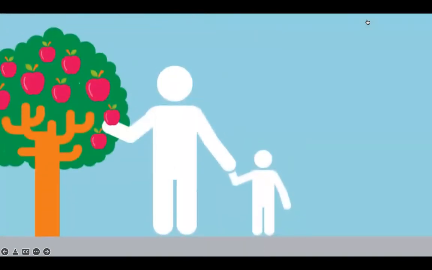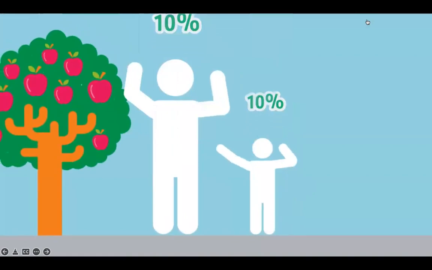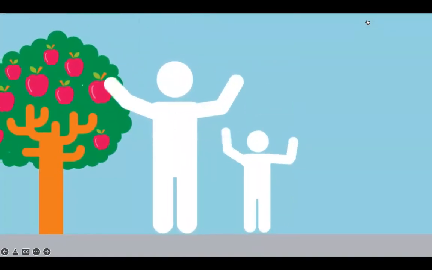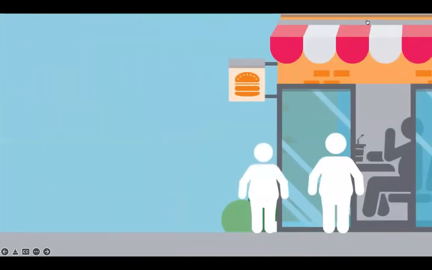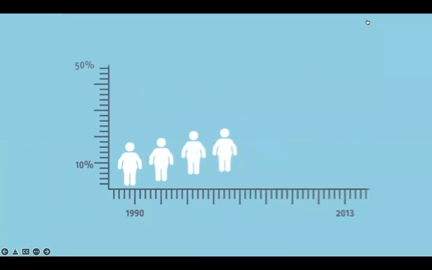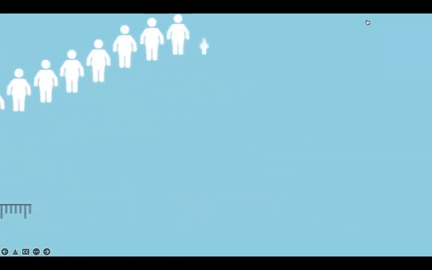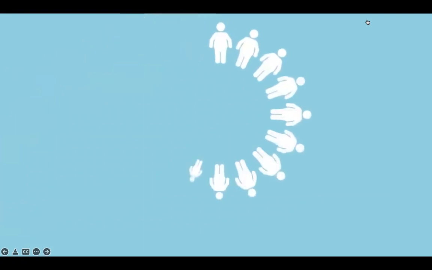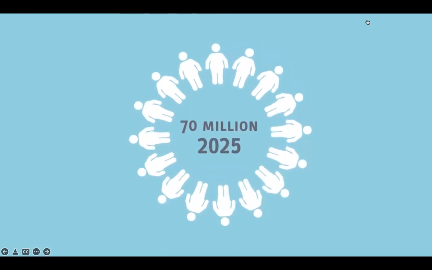Young children who get the right nutrition are 10% more likely to overcome life-threatening diseases, become healthier adults, and have healthier families. Childhood obesity is rising at an alarming rate, increasing by almost 40% in the last 25 years. If current trends continue, there will be approximately 70 million obese children worldwide by 2025.